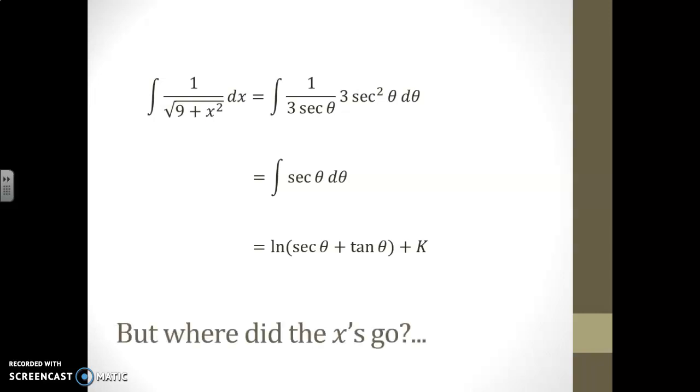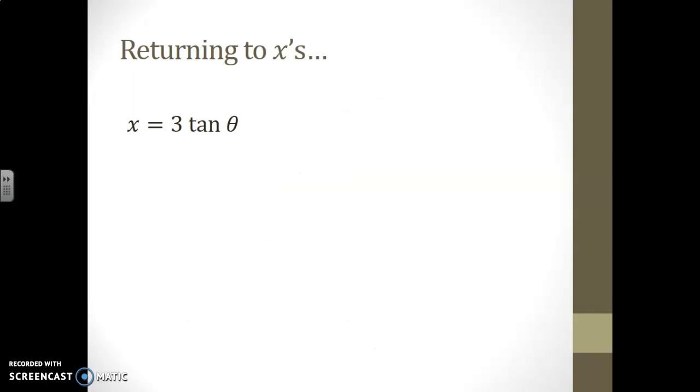Once again, our issue is that we started off with an integral of x and no longer have any x's. So remember, our initial substitution was to turn x into 3 tan theta, or tan theta is x over 3.